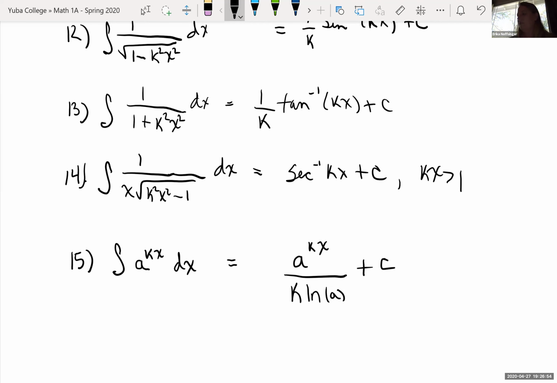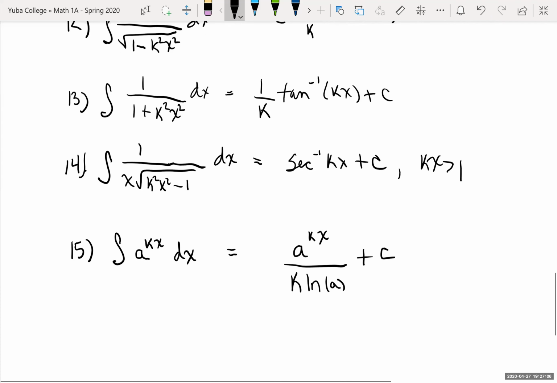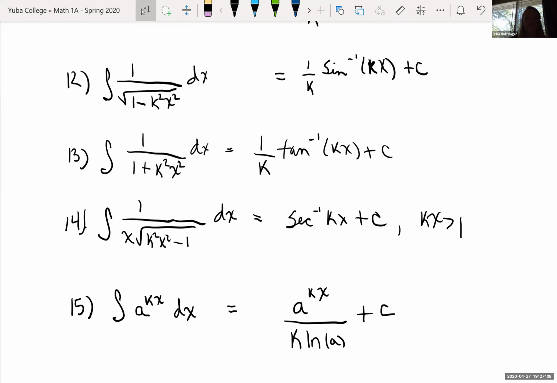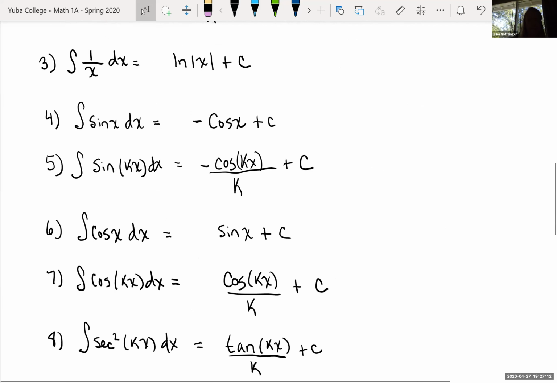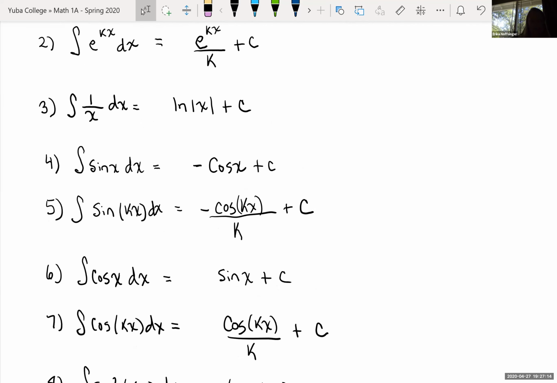Okay, let's get to the fun part where we actually get to do problems. Are these all general rules? These are all general rules, and any of the trig ones I would give to you except for cosine and sine.